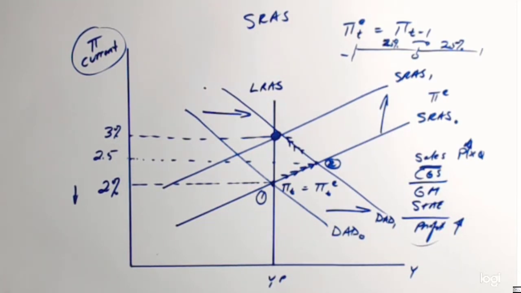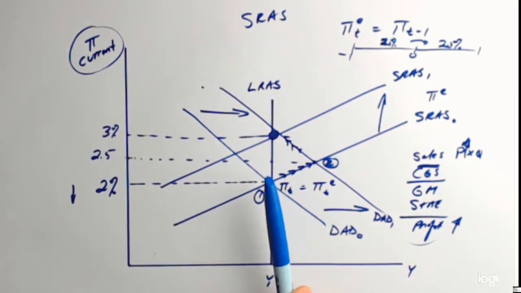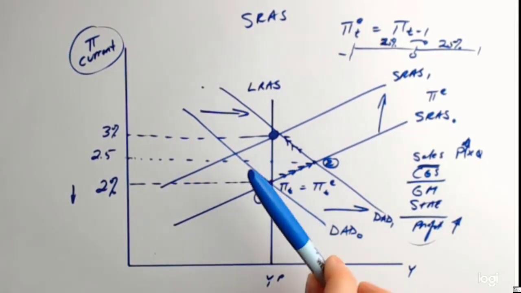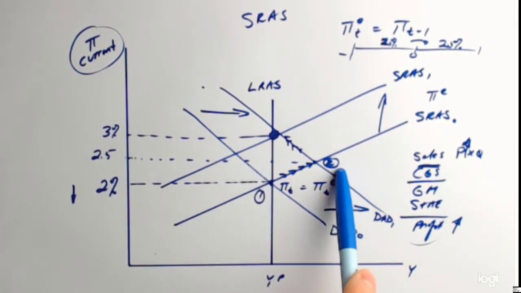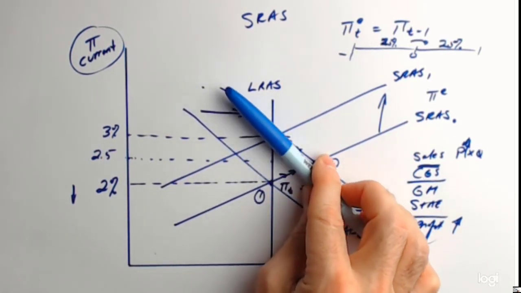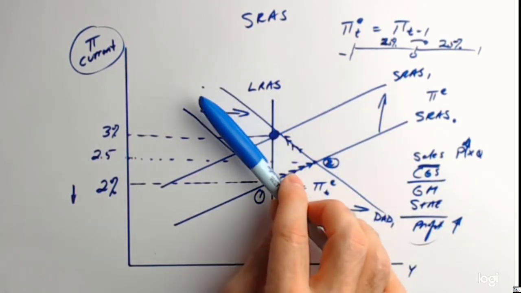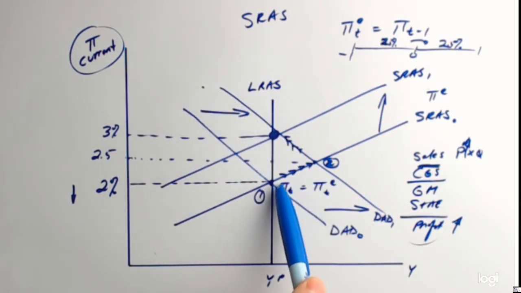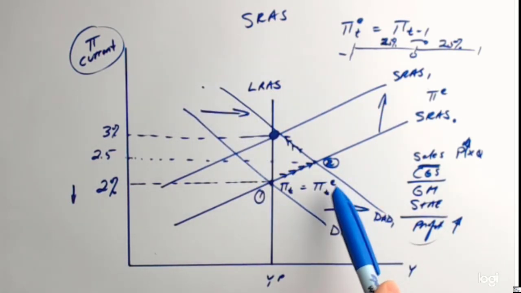That could be retired people, that could be children, that could be incarcerated people, but 60% work. So if that labor force participation rate jumps up to 65 and more people start working, that's going to cause this to march out. Obviously, when we stay at this 2% inflation rate, the aggregate demand curve, because people are demanding a bit more, they're producing a bit more, and everything's moving out in an equilibrium about on this line here.